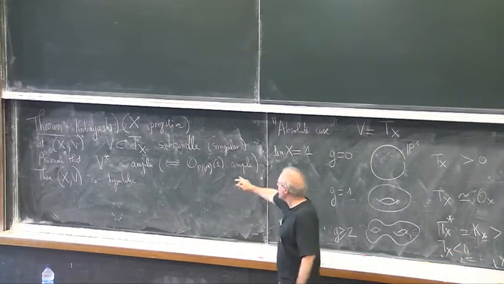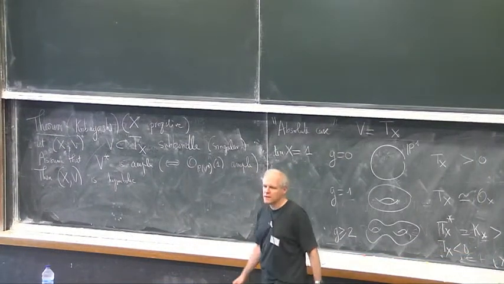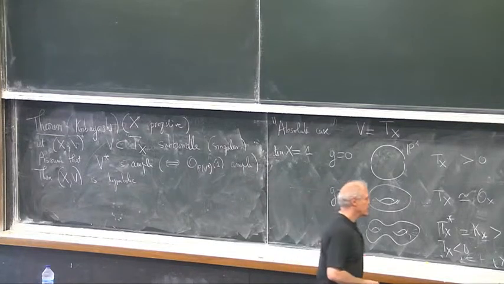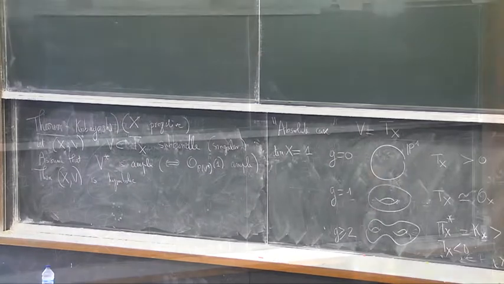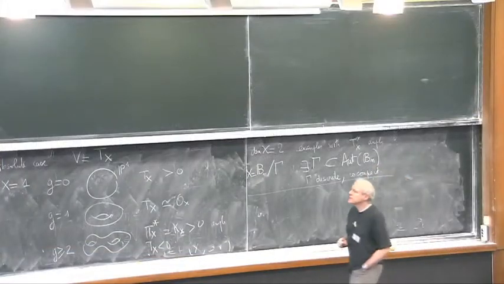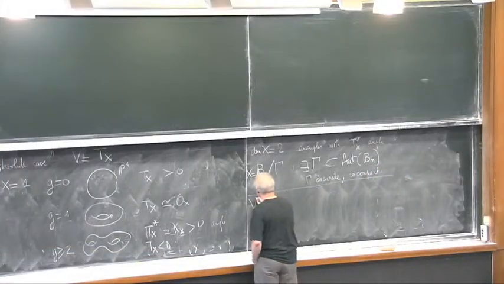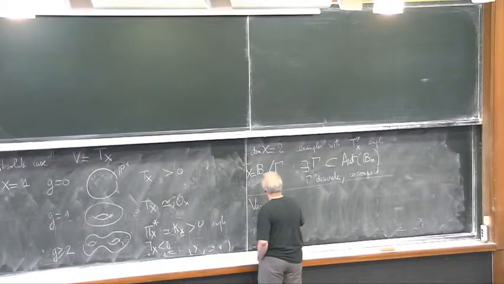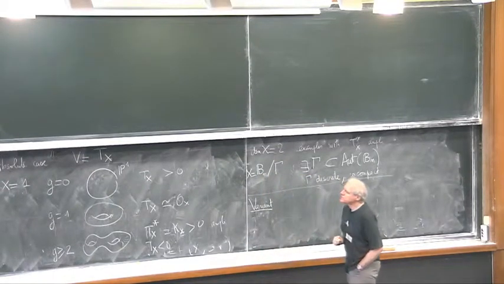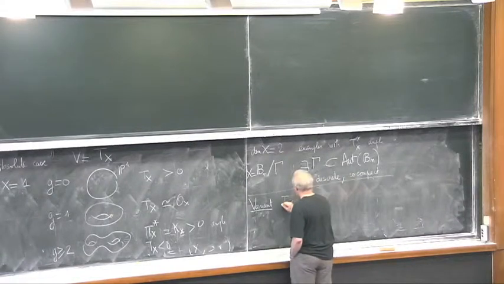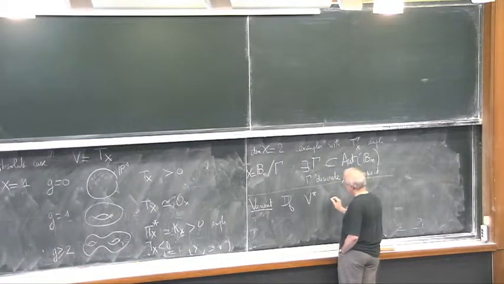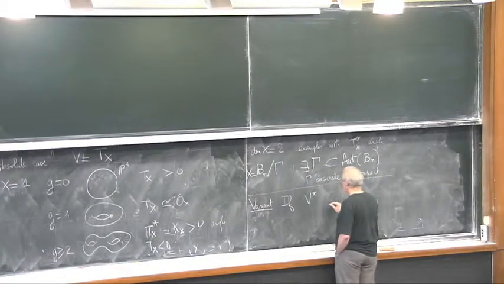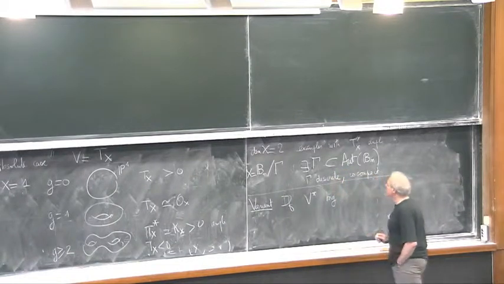Okay, so you want to relax this very strong assumption of ampleness. So the next step is to reduce from ample to big. So it's a variant. So V star is what I will say is big in the following sense, but it's not big as a line bundle. It's big in the following sense.